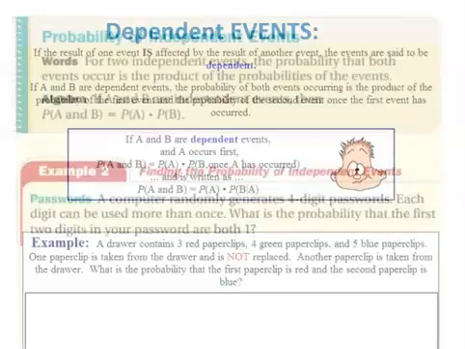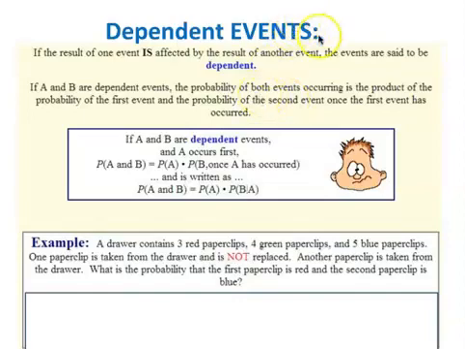Let's go to dependent events. How do we find the probability of dependent events? Remember, that happens when we've got an event that is affected by another event. The events are then said to be dependent.